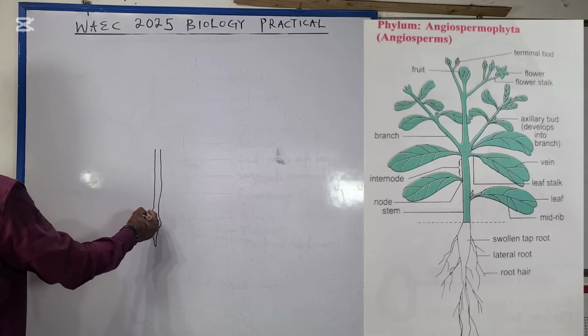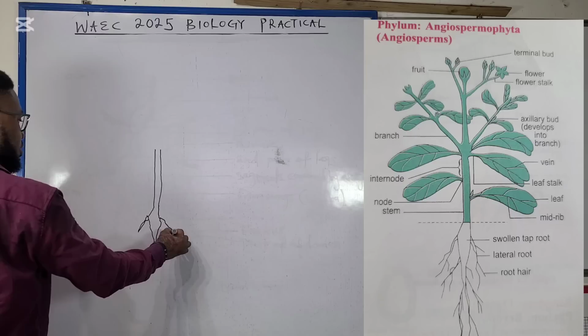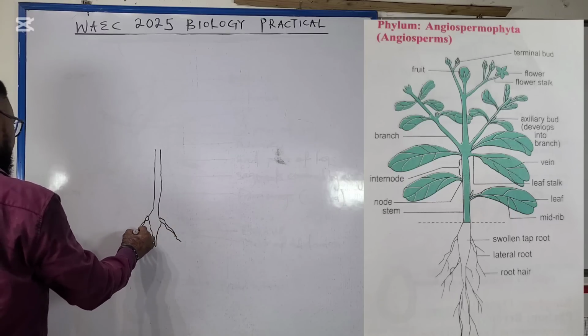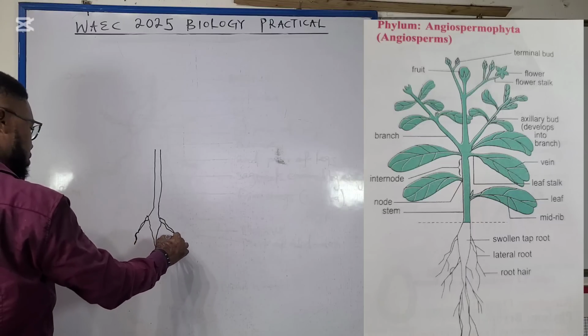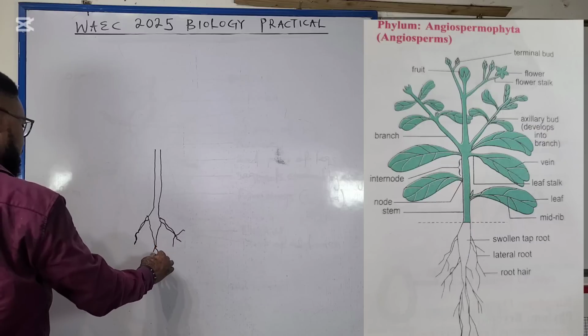This part looks swollen, and from the swollen part, you draw some extensions, making it look more like root hairs. We could go something like this.